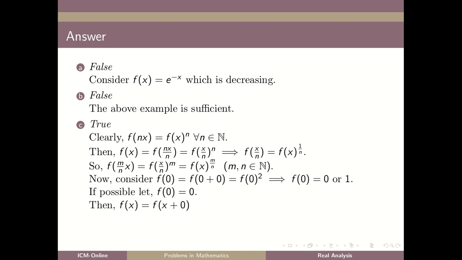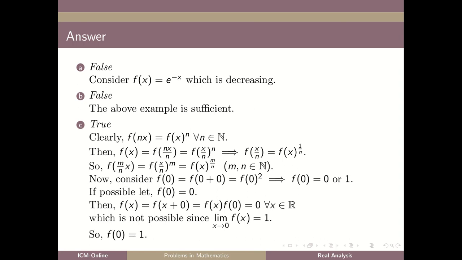Then f of x is equal to f of x plus 0, which is same as f of x into f of 0, which equals 0 by our assumption. Now this thing can be done for every x. That means f of x equals 0 for every real number x. That is, f is identically 0. But it is not possible since limit x tends to 0, f of x equals 1. So f of 0 must be 1.